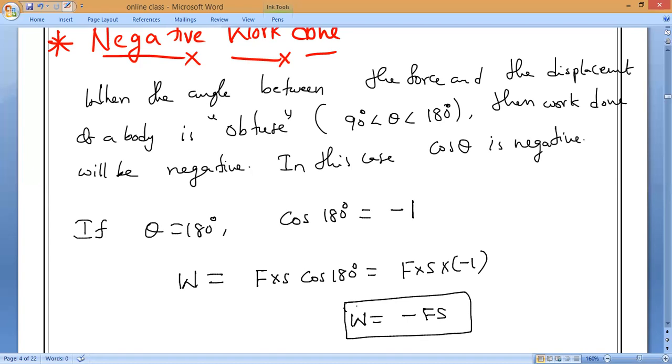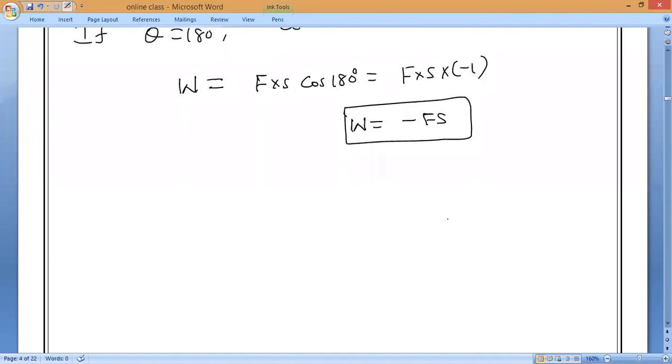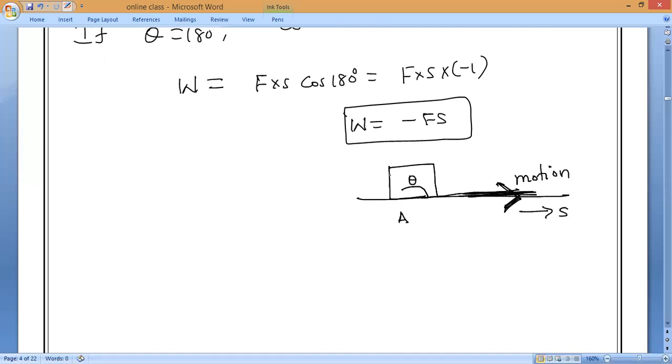Now let us draw the diagram, sir, how it will be. Observe very carefully. This is the point A and this is my object. The direction of motion is this direction. Now the applied force will be from this side.